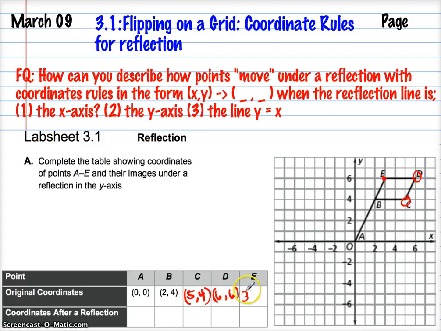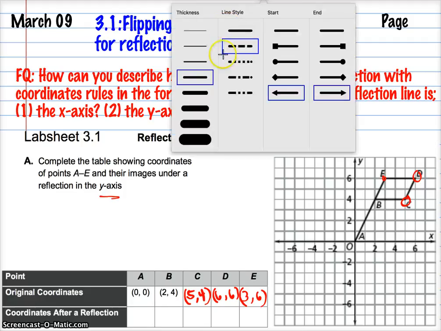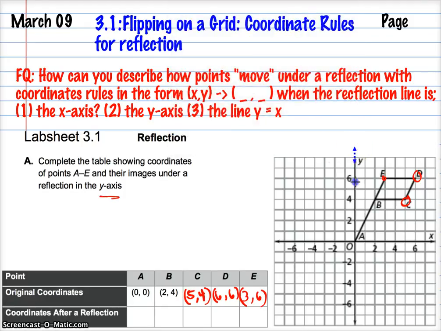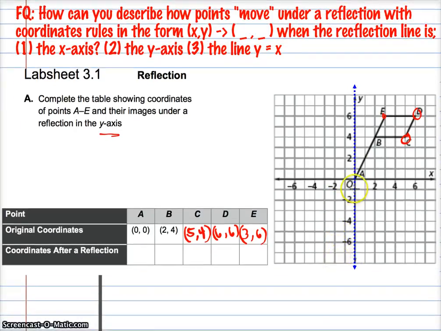What we're going to do is reflect this flag across the first line, which tells us it is the y-axis. So I'm going to make a line of reflection here. Okay, thin this line out a little bit. This is my first line of reflection right here. With that line of reflection, I'm going to move these points over to this side, label my new points and come up with a statement.